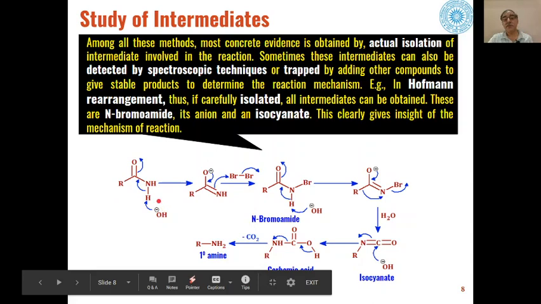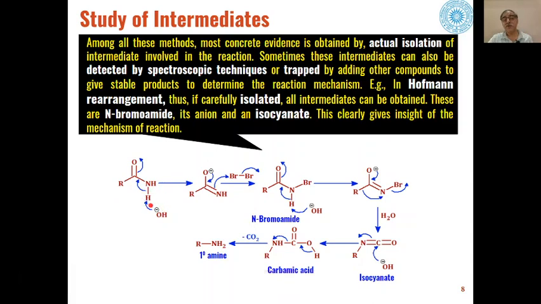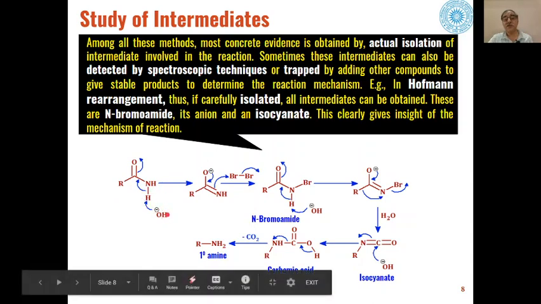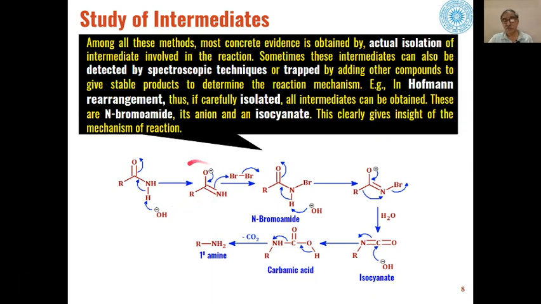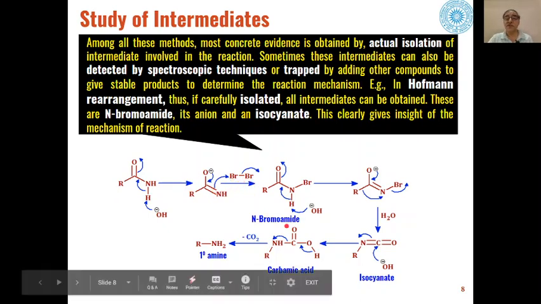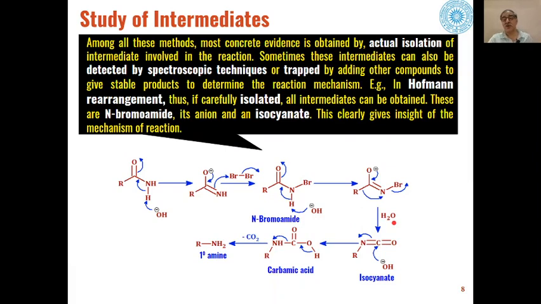In the first step, this proton from here is removed by the base, and we will get this type of intermediate, and this on reaction with one molecule of bromine will give us N-bromoamides as the intermediates, and these N-bromoamides will lead to the formation of isocyanates with the removal of water, and these isocyanates on hydrolysis will give us amines.